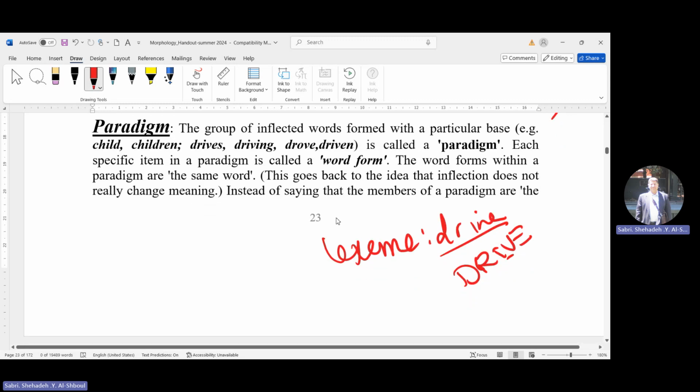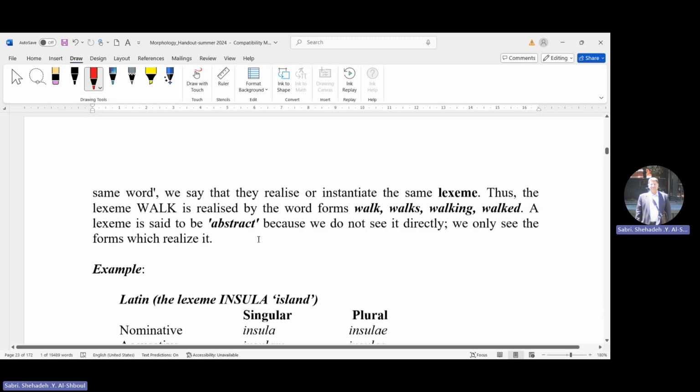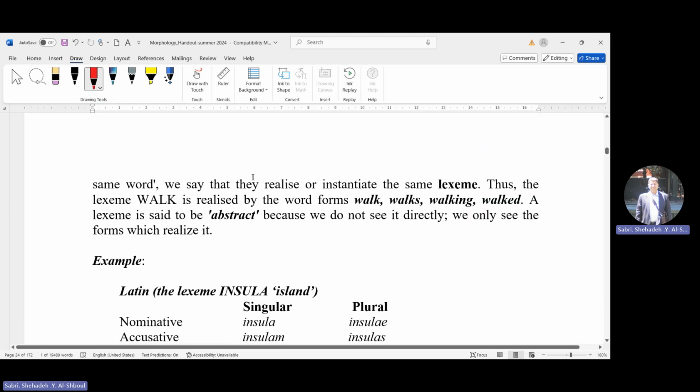So we have a word form. The word forms within a paradigm are the same word, i.e., belong to the same lexeme, right? This idea is supported by the idea that inflection does not really change meaning. Instead of saying that the members of a paradigm are the same word, we say that they all realize or instantiate the same lexeme.